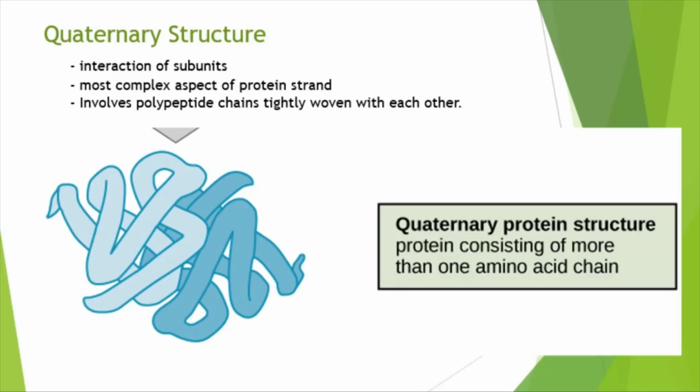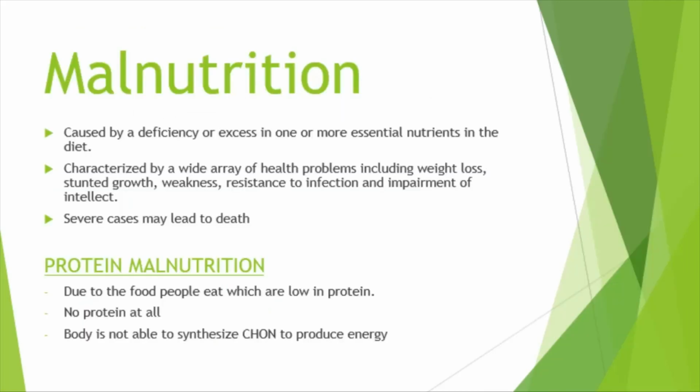This is the interaction of subunits. So we have two or more amino acid chains, proteins consisting of more than one amino acid chain. It involves polypeptide chains tightly woven to each other. So that's the structure of your quaternary structure.